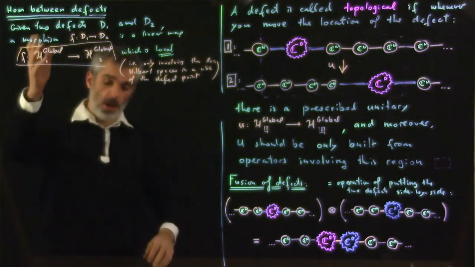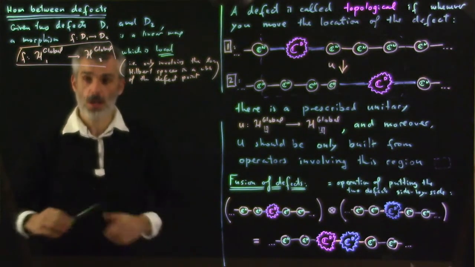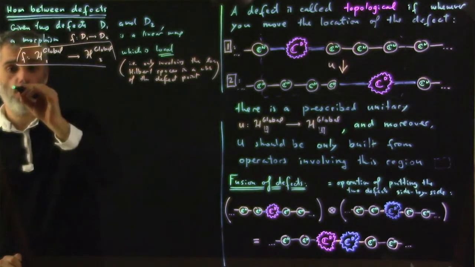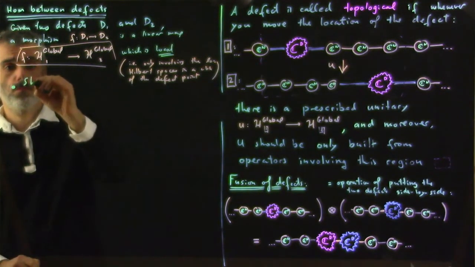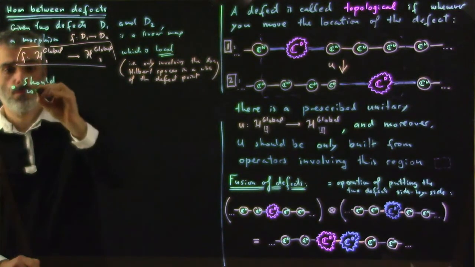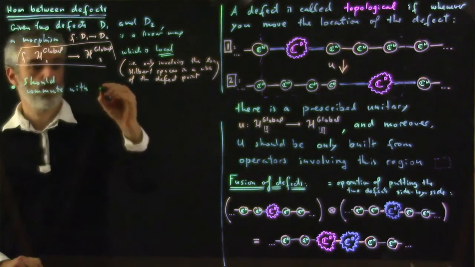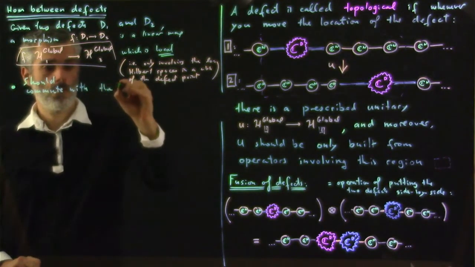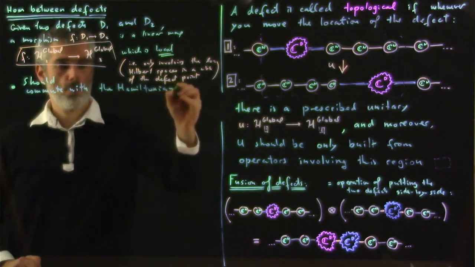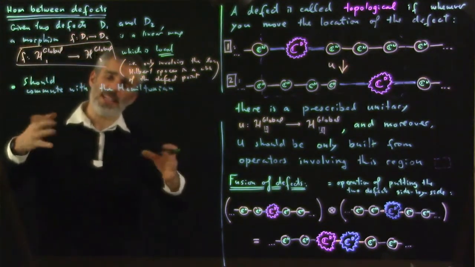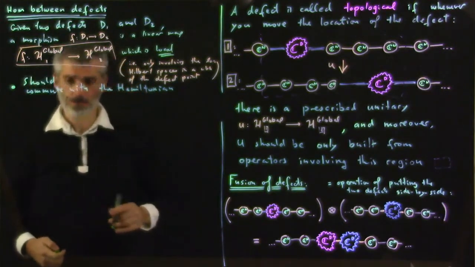And this thing needs to satisfy a couple of conditions. First of all, it should commute with the Hamiltonian. So that's, in a sense, a way of saying that it is compatible with time translations of the system.